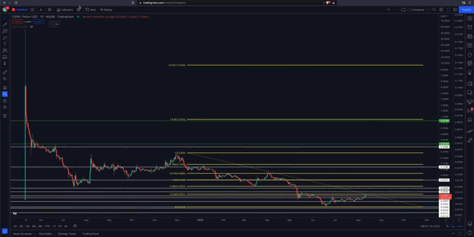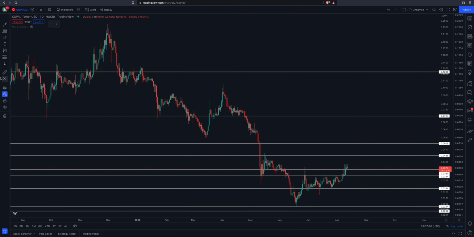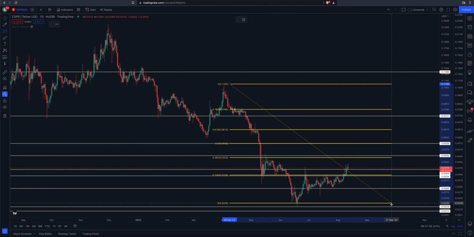So let's take a look at a little bit of a shorter term retracement here. We'll take this high right here, which is on the 2nd of April, right about there. That is not the tool I want. The 2nd of April, right about there. And then we'll take that major low so far.